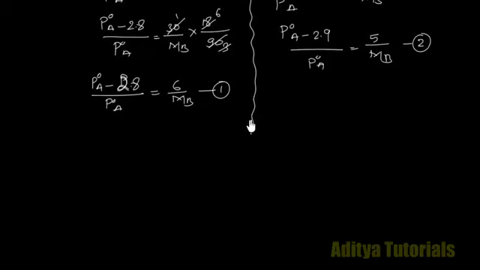Now what we have to do is divide these two equations, that is, equation 1 divided by equation 2.